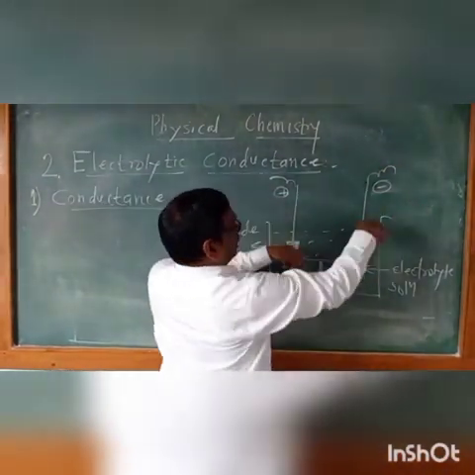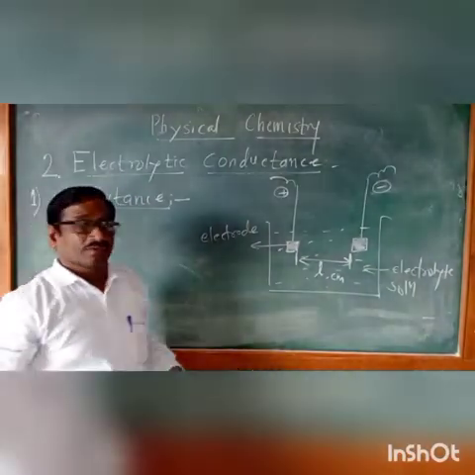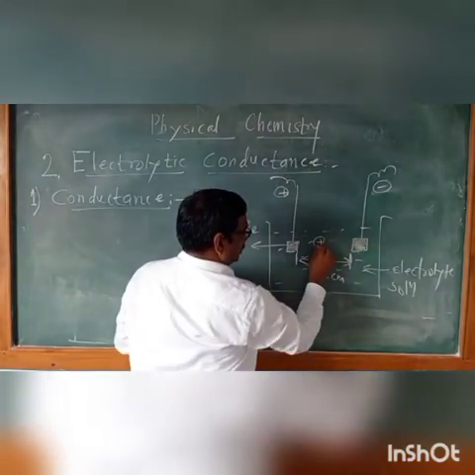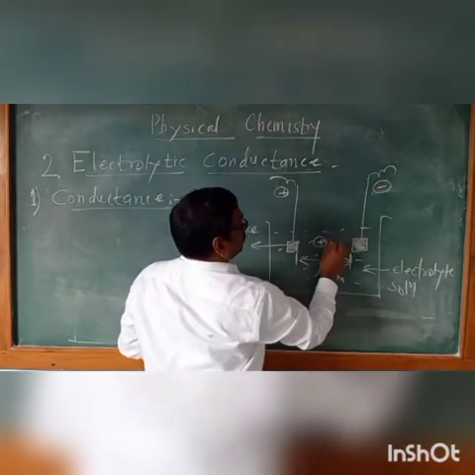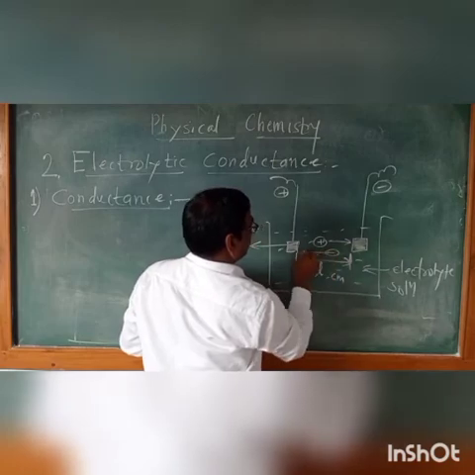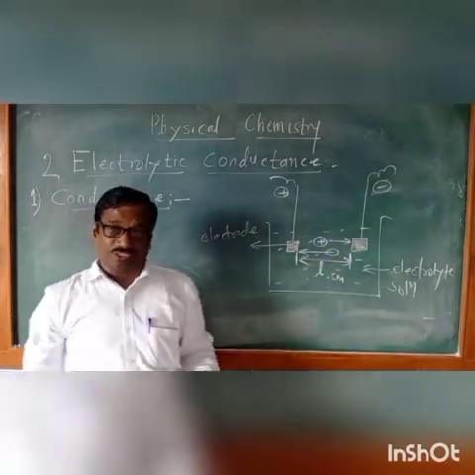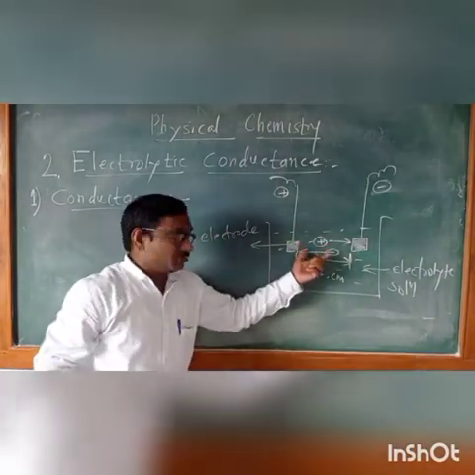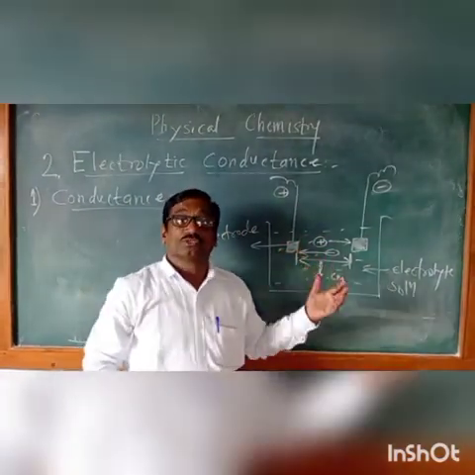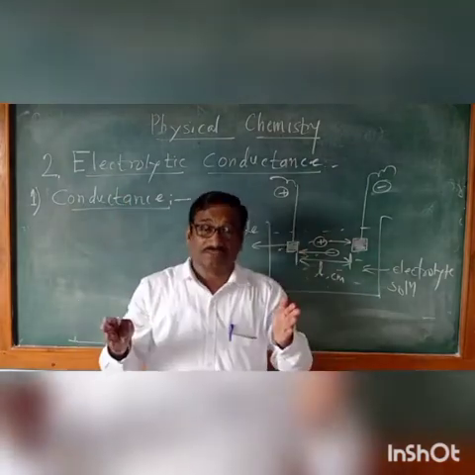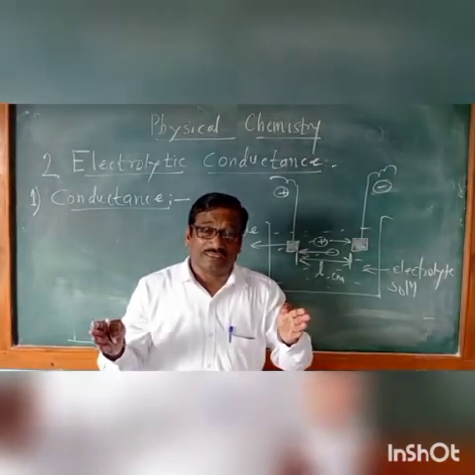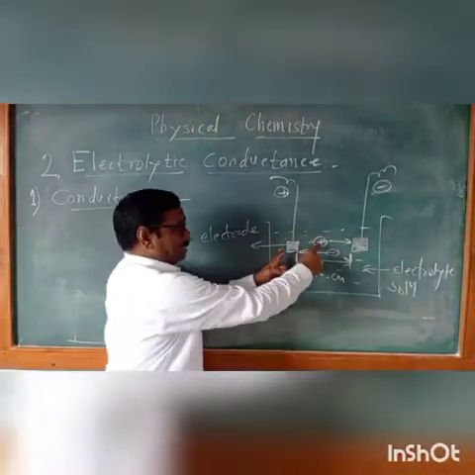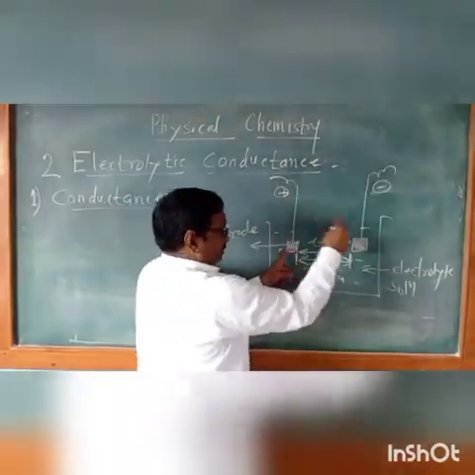So when you apply the electric field, the ions move. Suppose in the solution there is a positive ion, which will move to the negative electrode, and a negative ion, which will move to the positive electrode. Movement of the ions takes place, and these ions moving carry the current. Like a conductor carrying the passengers from one place to another, these ions carry the current from one electrode to another electrode.